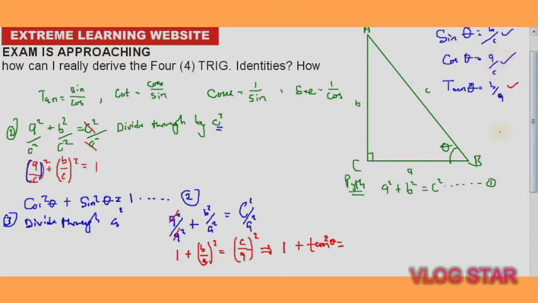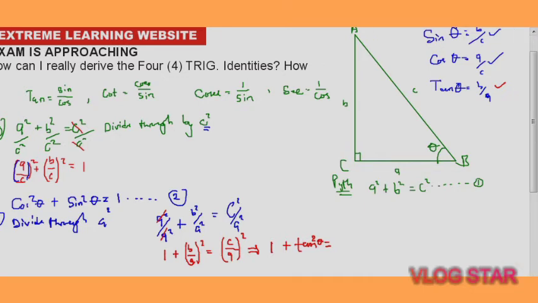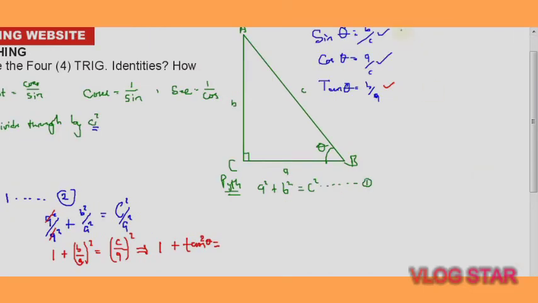Now let's work something out on this other side. Let's look for the inverse of sine. According to that, it's supposed to be c over b, instead of b over c, and the inverse of sine we call cosec. Don't forget.